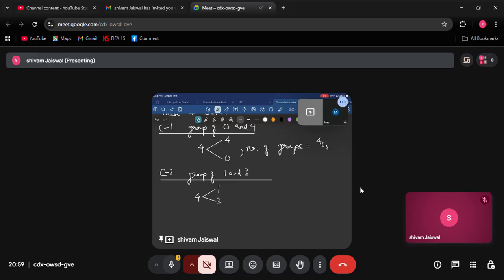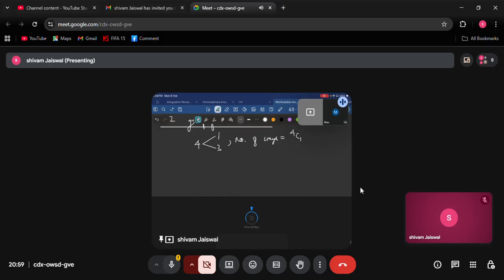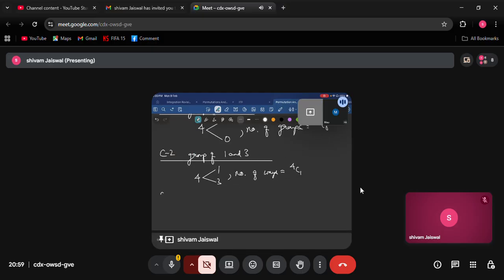What is the number of ways? Four. 4C1. Okay, case 3: in how many ways can we form a group of 2 and 2? 4C2.